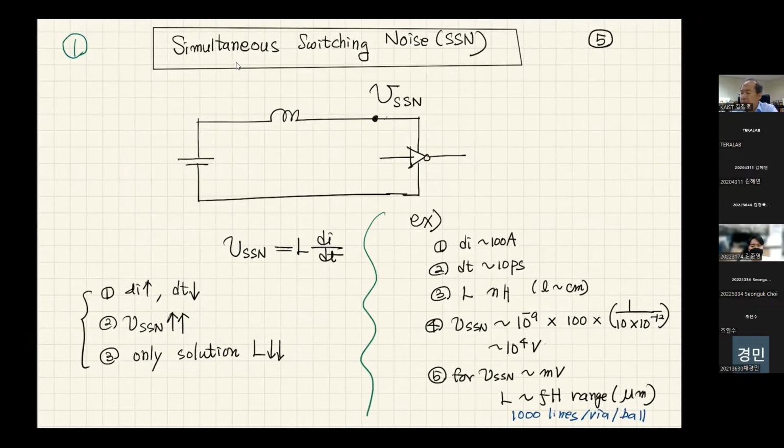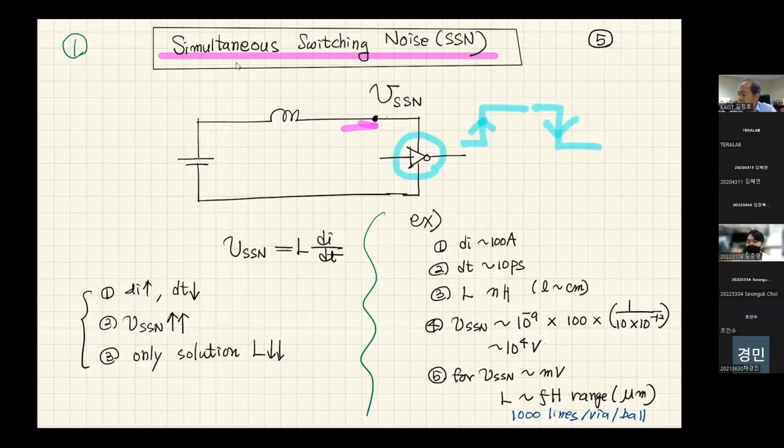Let me start with simultaneous switching noise. When our drivers are switching from 0 to high level or high to 0 level, we have to supply the current from the power supply, and the same amount of return current has to come back.